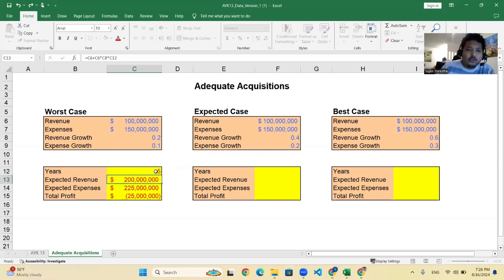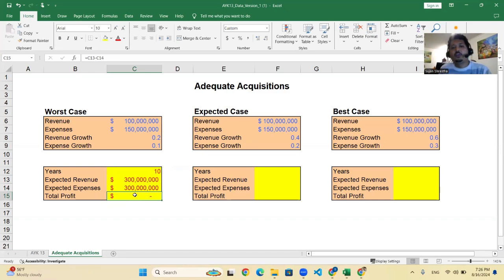We can use 5 years, still not break even. And if we give 10, okay, this is the break even point. So the company will take 10 years to reach break even. After the 10 years, in the 11th year, the company will be in profit.